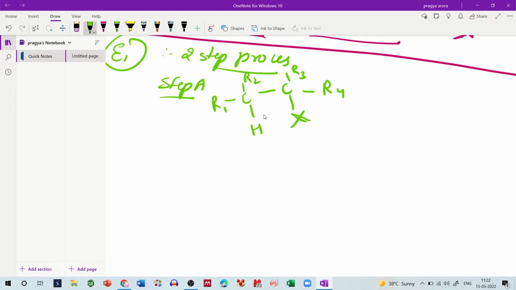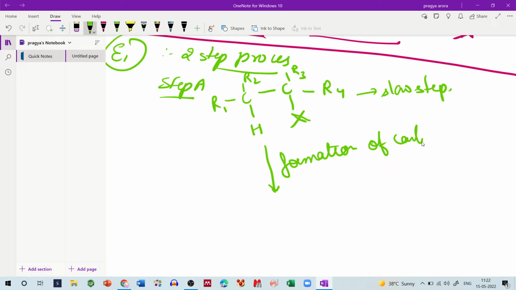What will happen in the first step, which is a slow step, is the formation of a carbocation by loss of the leaving group.